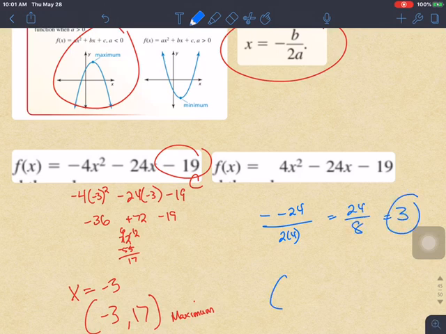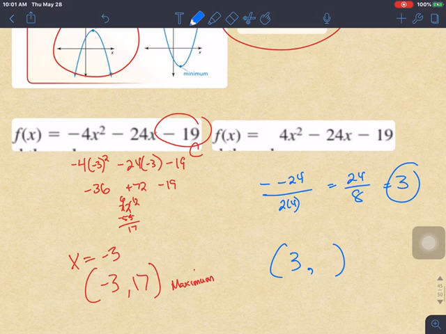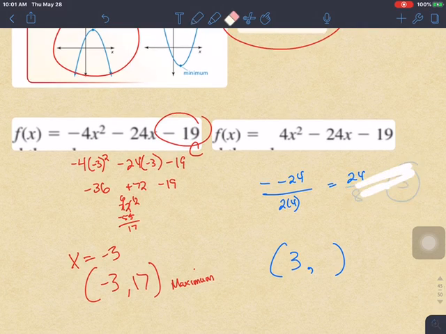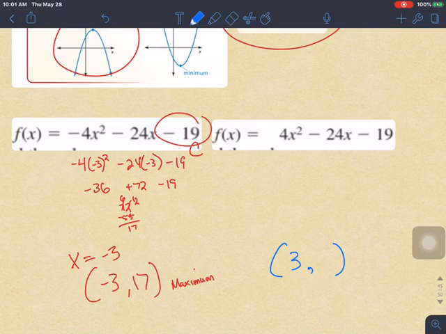So our x value is positive 3. We probably expected that. Then we need to plug that 3 back in to figure out what our output will be. So that's 4 times 3 squared, minus 24 times 3 minus 19.